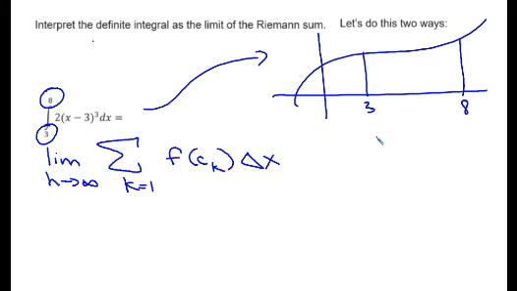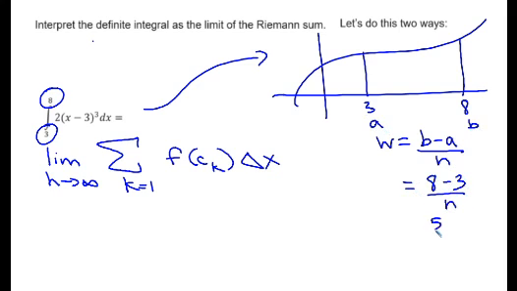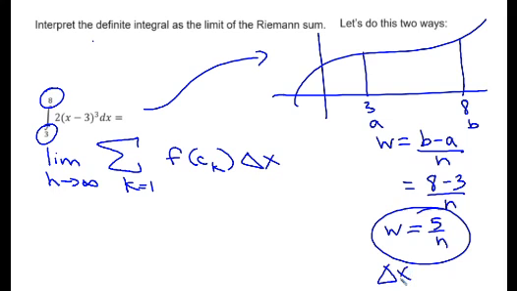So my width, that dx, is going to be b minus a over n. Well, I know my b and my a. There's my b and my a. So it's going to be 8 minus 3 over n, which is 5 over n. That is my width, and that is the same thing as my delta x.